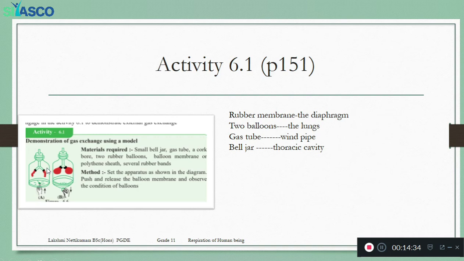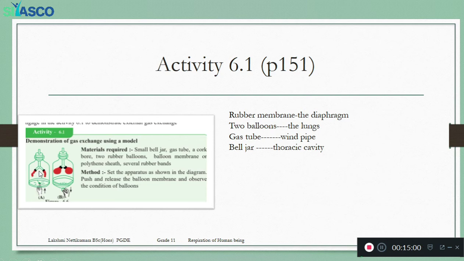I will explain it again. Set the apparatus as shown in the diagram. Push and release the balloon membrane and observe the condition of the balloons. If you push it, what will happen? The volume reduces, pressure increases.